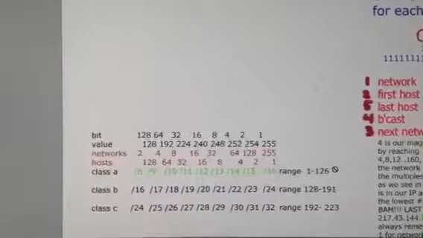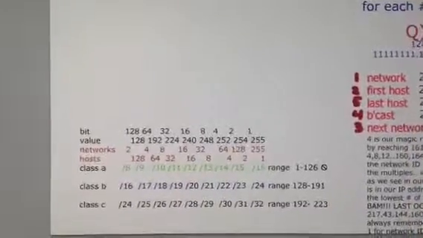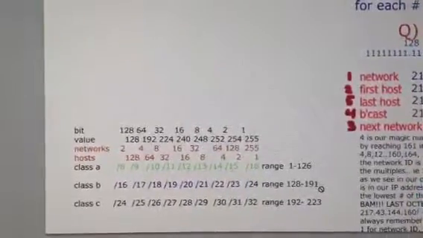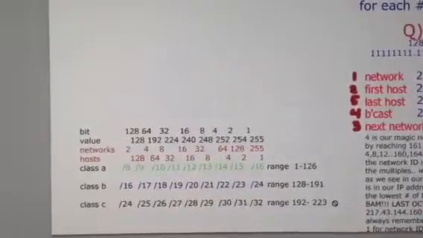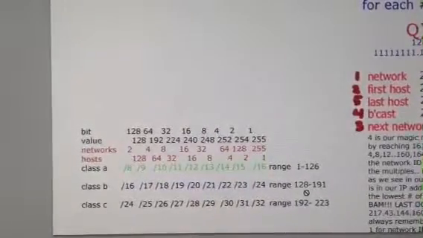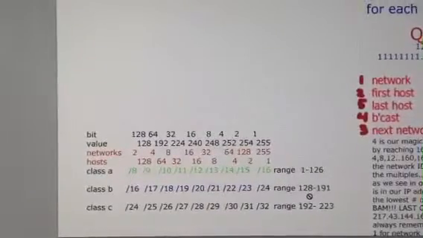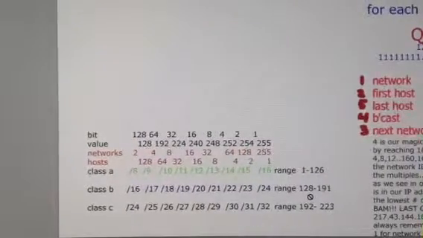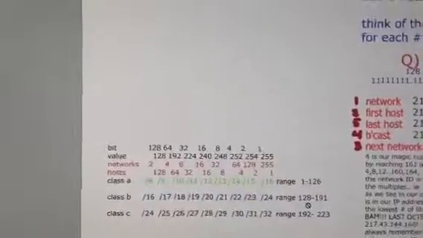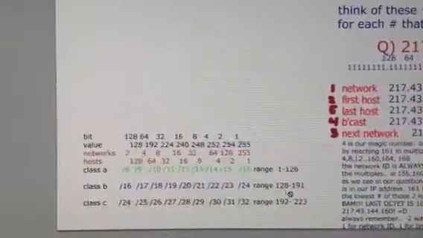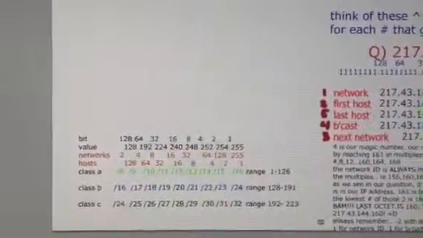And these are our ranges from class A, class B, class C. Let's see if you're smart enough to catch the mistake I made. I'll stop the video there, and I'm not going to tell you the answer, but I hope you figured it out.